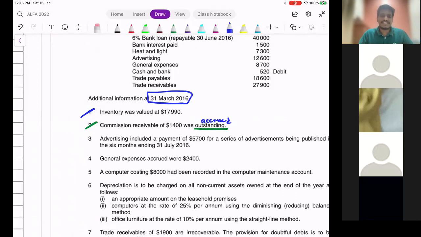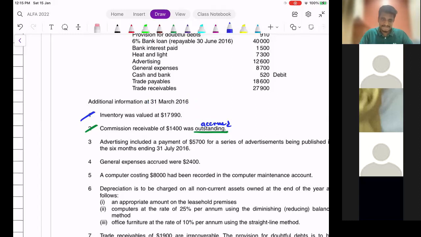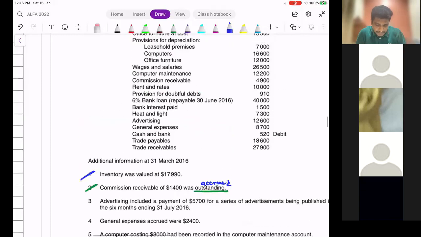So commission receivable accrued, plus or minus? Commission receivable, closing, accrued will be plus. So can you go find commission receivable?